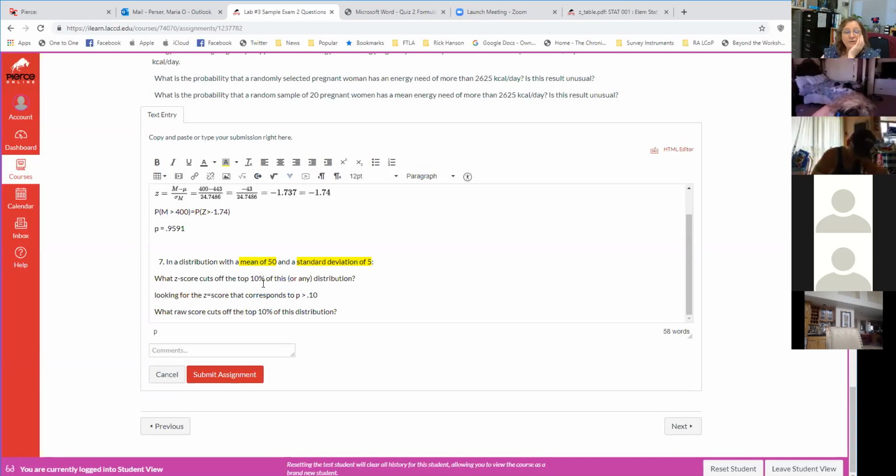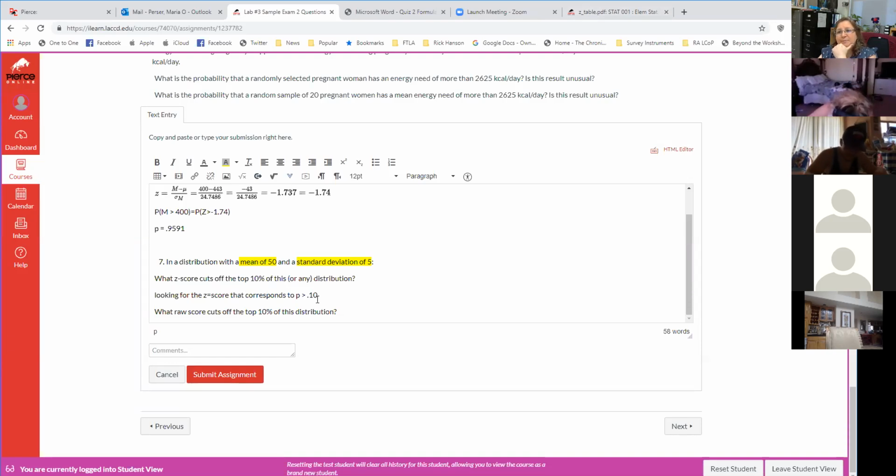And so now we need to go to the z-table. But is it in the tail or the body? I want to say it's in the tail because you said so. Does it include the mean when you shaded it? The top 10% is not going to include the mean. If it said the top 90%, then yes, it would include the mean.